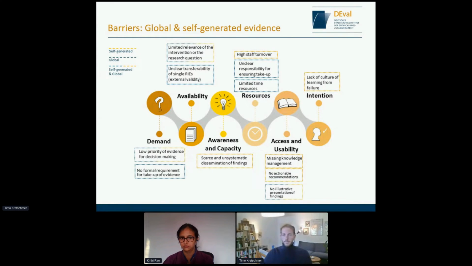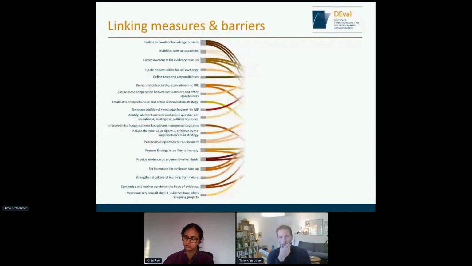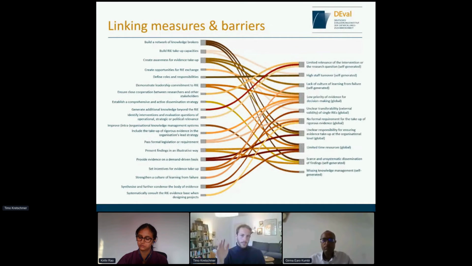We then also, in our research, try to identify potential measures that could tackle those barriers. And I'm not going to walk you through all of those measures, but just to show you what this looked like. On the left, you see a list of potential measures, and on the right, you see the barriers that I've just presented to you.